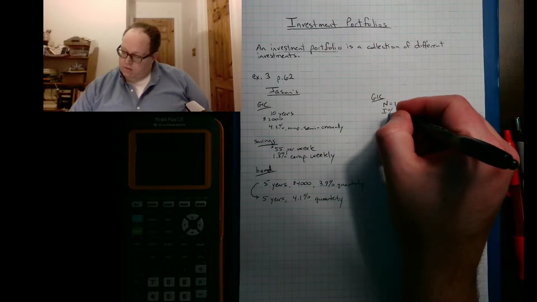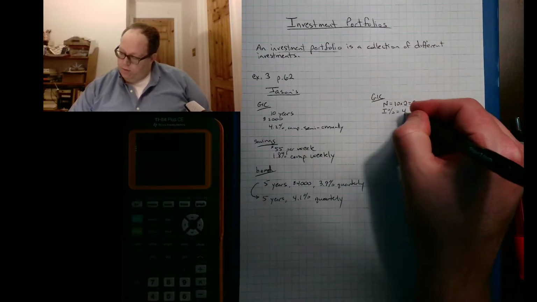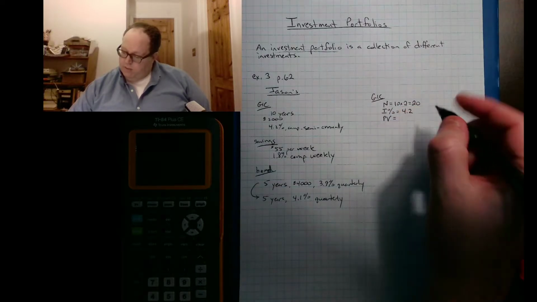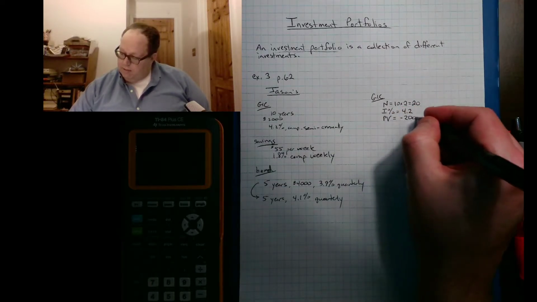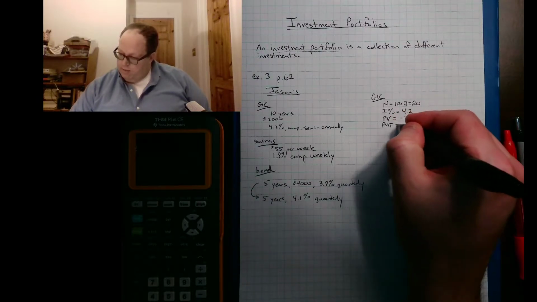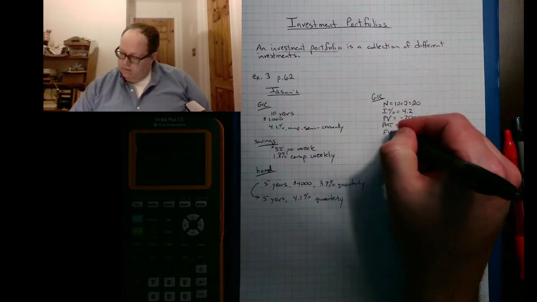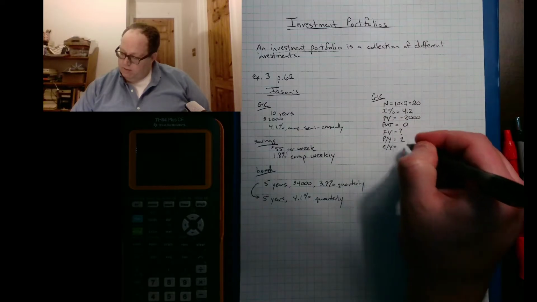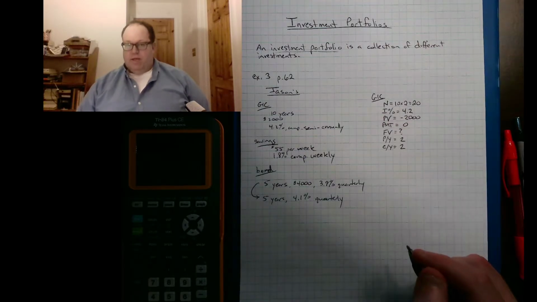The interest is 4.2%. The principal, or present value, is $2,000 deposited into the investment with no regular payments. The future value that we don't know yet, and pays per year and compounds per year, we'll set both to 2 because of the semi-annual nature of it.